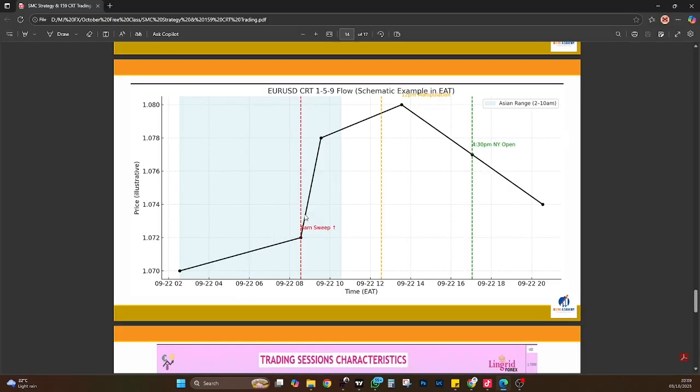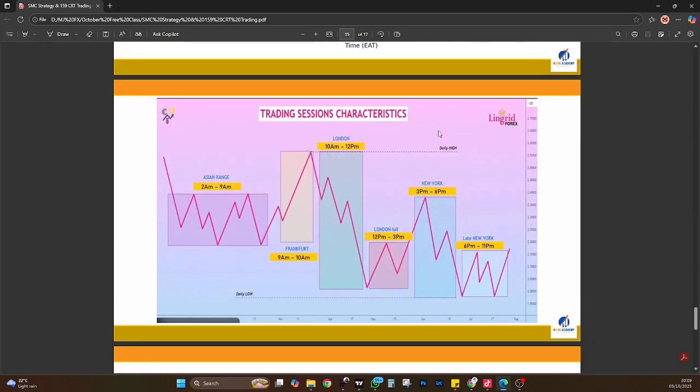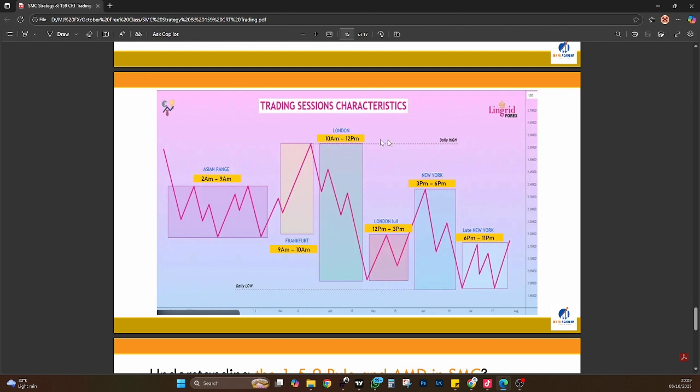So back to our thing here, I just wanted you to understand this. From 2 to 7:50, 8 a.m., there is a sweep. Between 11 and 1 there is a manipulation. At 4:30 New York open, there is the main move. That is what is happening here.